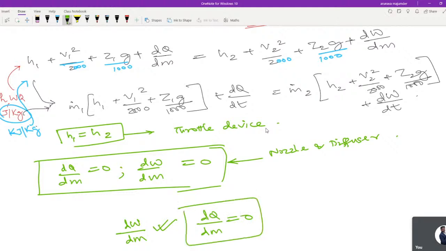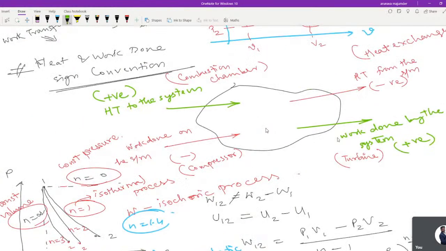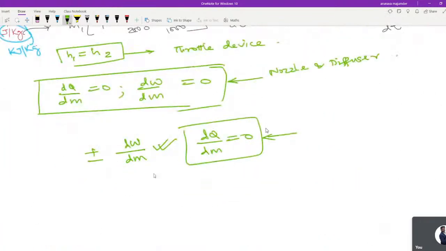Whether it will be positive or negative is based on whether it is power output or input, so work on the system or work done by the system. Accordingly, the plus and minus symbol will be considered. So this is for the turbine and compressor.